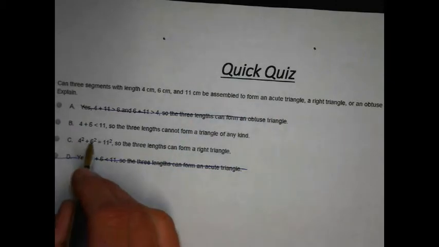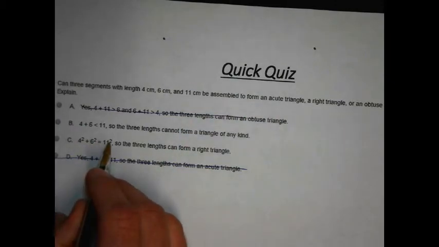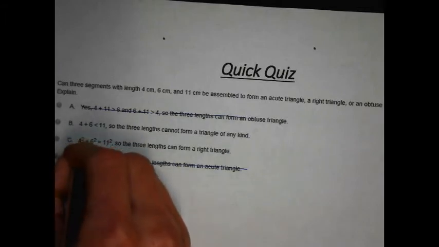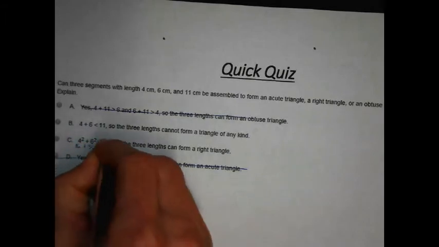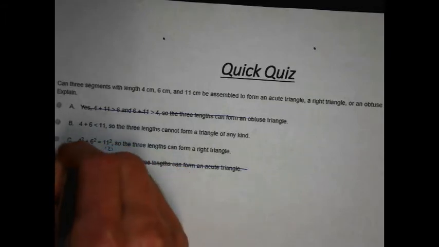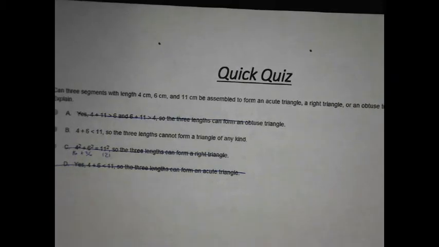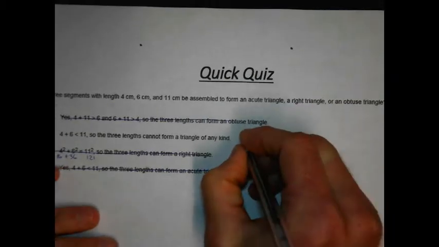There goes that. Now this one says 4 squared plus 6 squared equals 11 squared. Is that a true statement? 4 squared is 16. 6 squared is 36. 11 squared is 121. That ain't true. So what must the answer be? It's got to be answer B. But do you remember from long ago?